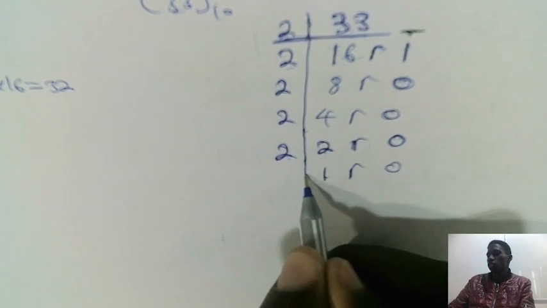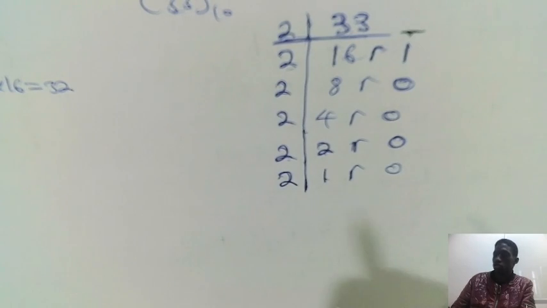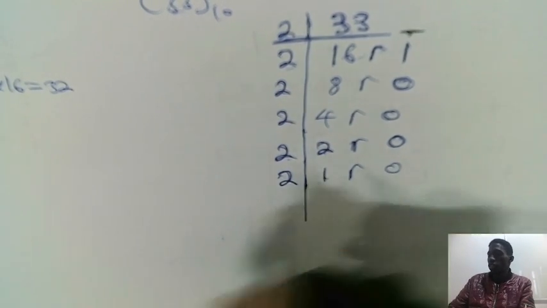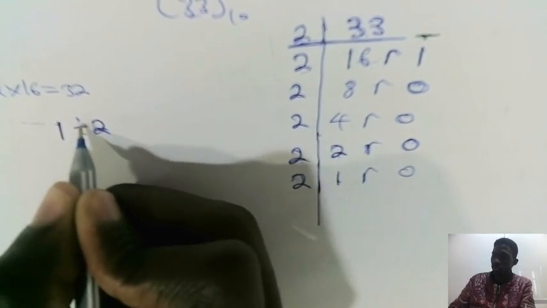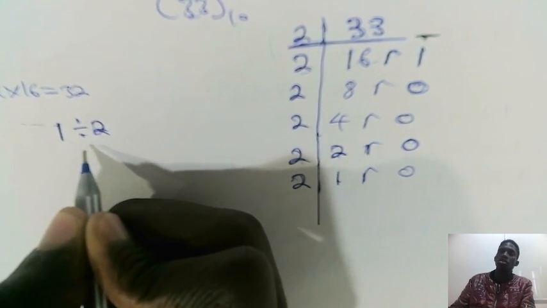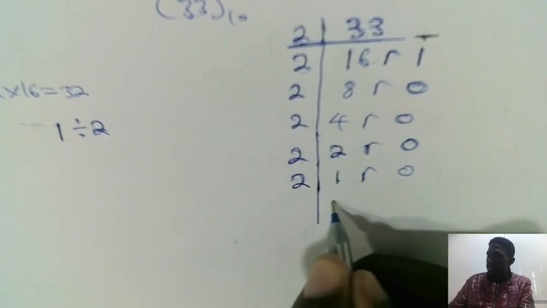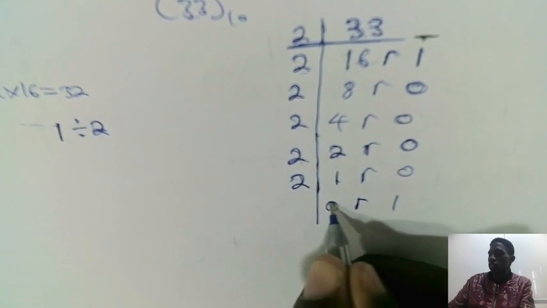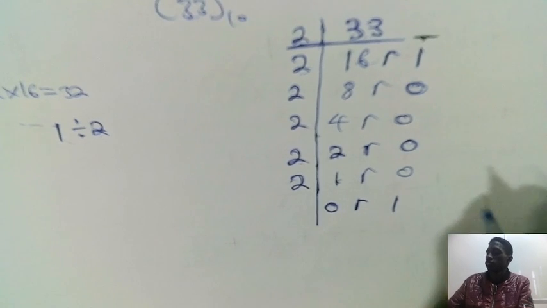Then we have to divide again by 2. We keep on dividing until we see a 0. 1 cannot be divided by 2 because 1 is less than 2. So we write a 0 and put a remainder of 1. That means it cannot be divided. So the remainder is just the number 1.